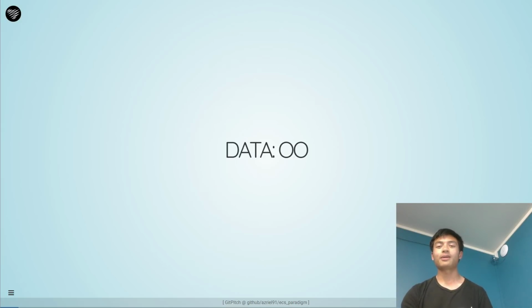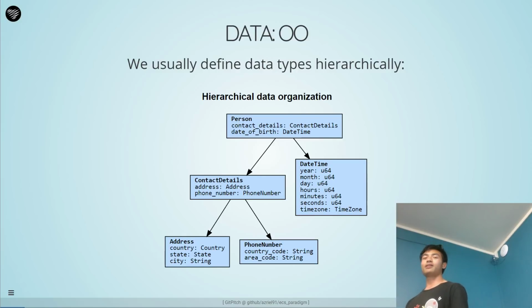So OO, I hope everyone's familiar with this. OO stands for Object-Oriented Programming. And so in OO, we usually define data types hierarchically. So if you have a struct or a class, your fields are going to be either primitives or richer types.